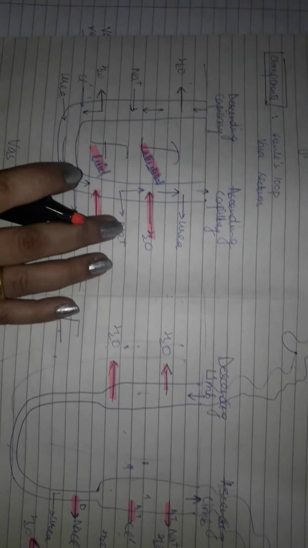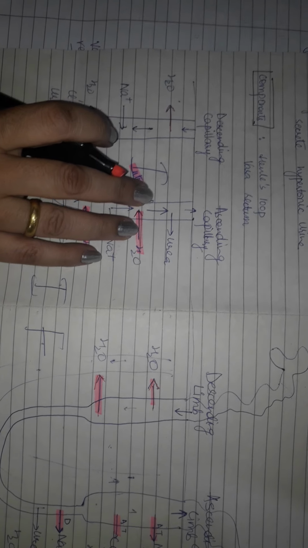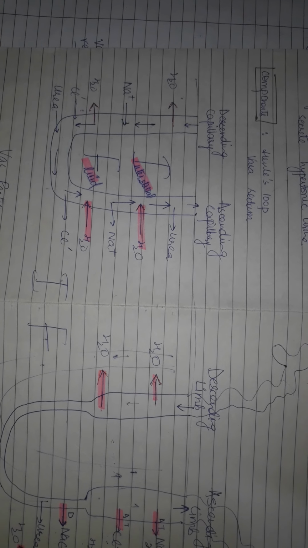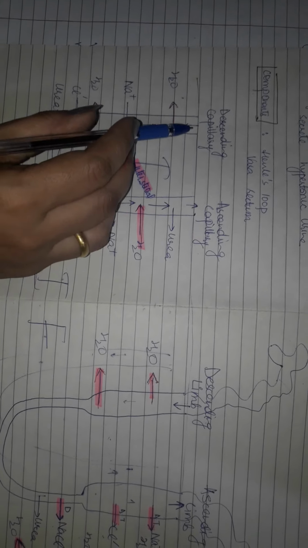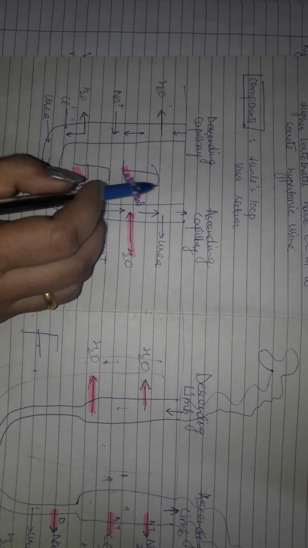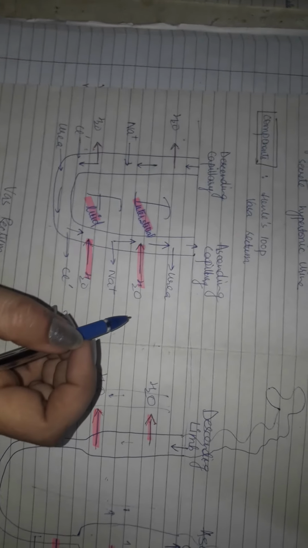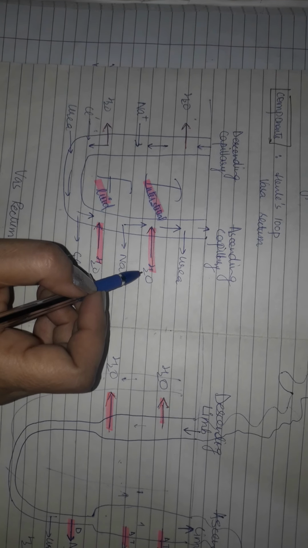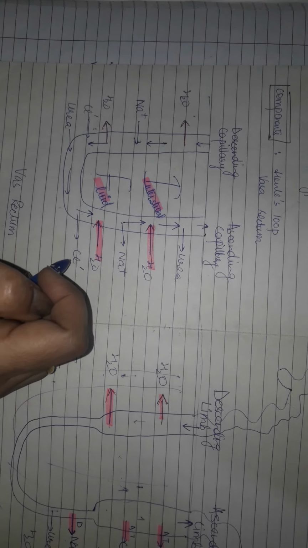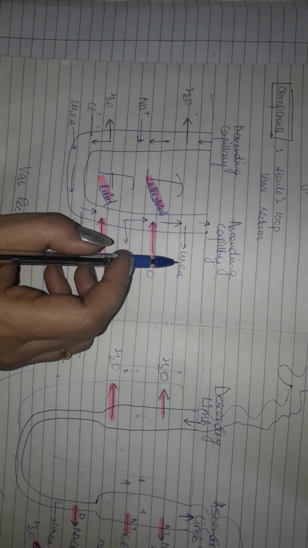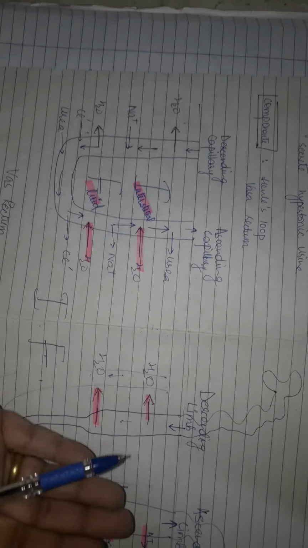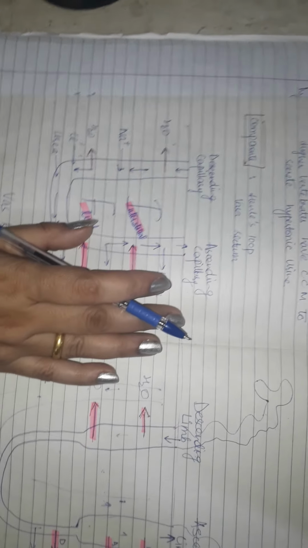Now let us see the vasa recta. The vasa recta is made up of epithelial cells, and the lining of these cells is freely permeable to water, ions and urea. Means water, sodium ion, chloride ion and urea can freely enter and leave the vasa recta.